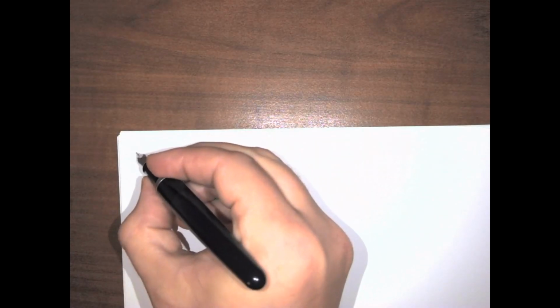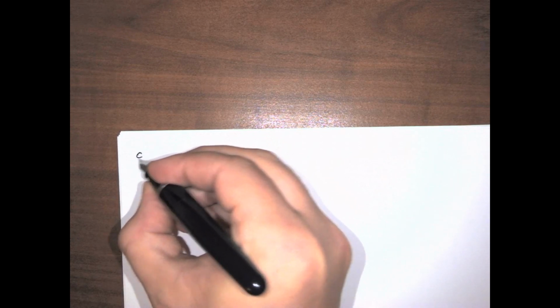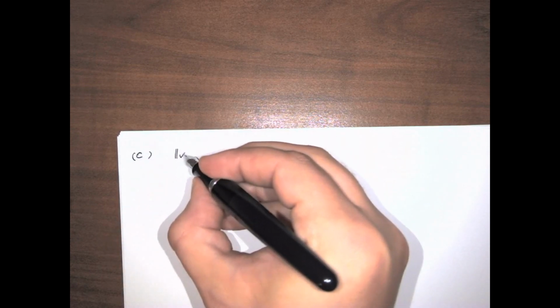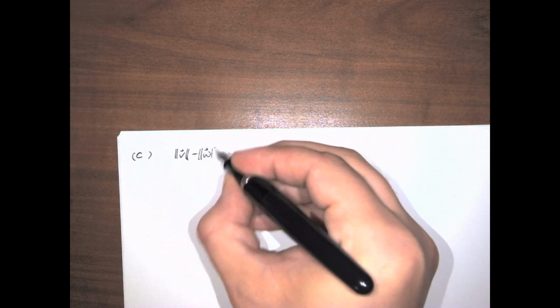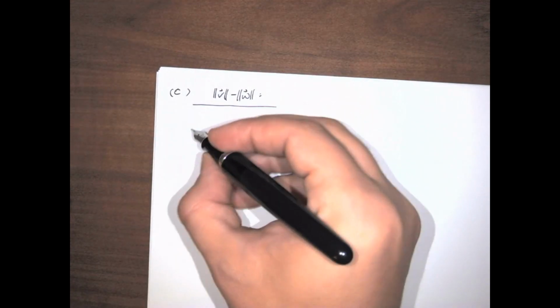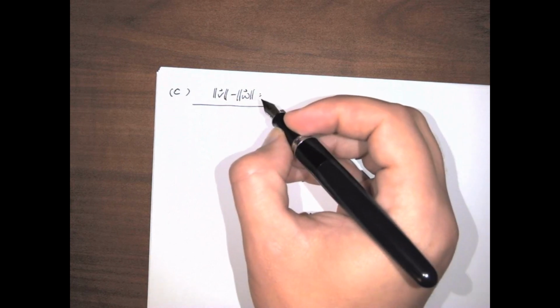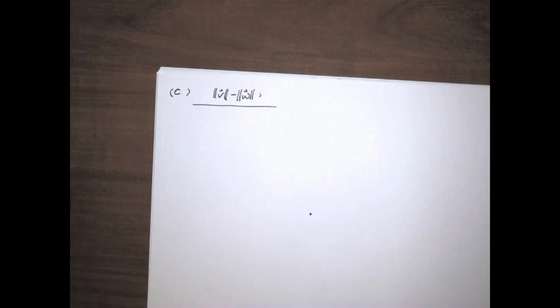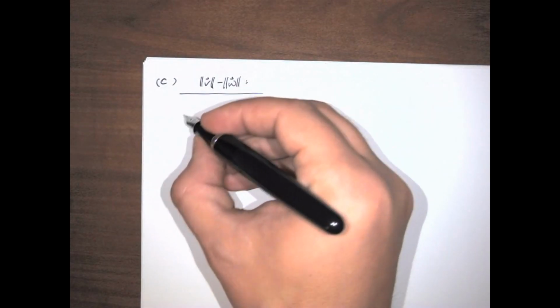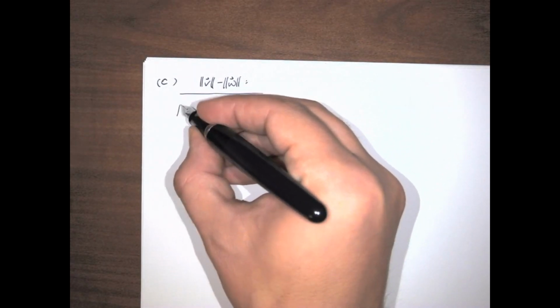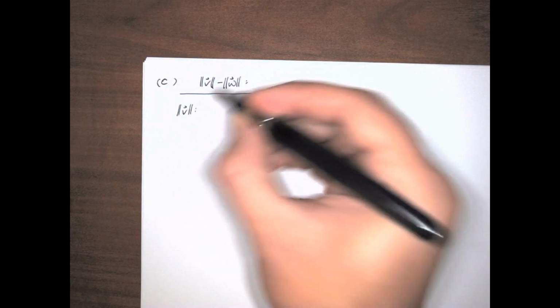And then maybe what we have is also something along the lines of this is C, magnitude of V minus magnitude of W. So we just have to break it down into two pieces. First find the magnitude of V, then find the magnitude of W, and then subtract them. And these are just going to be a number minus another number. Okay, so for magnitude of V, start with that.